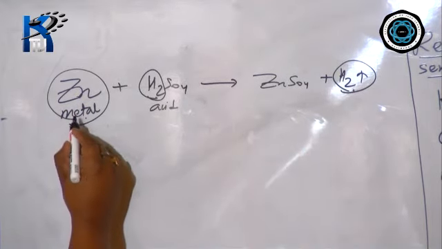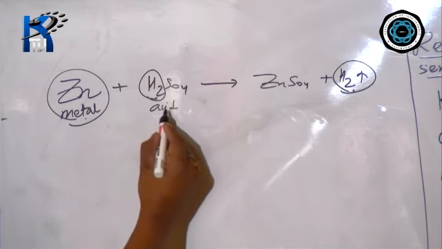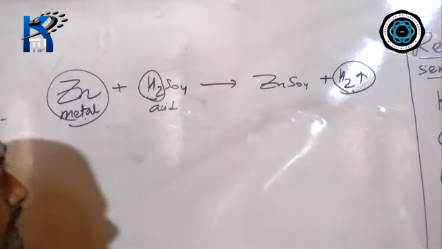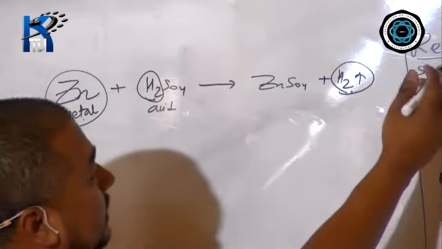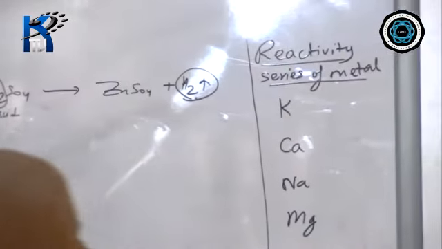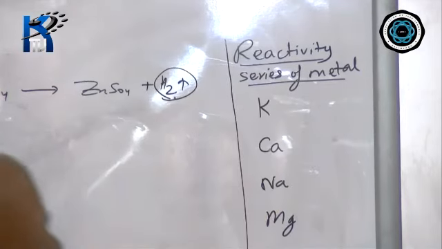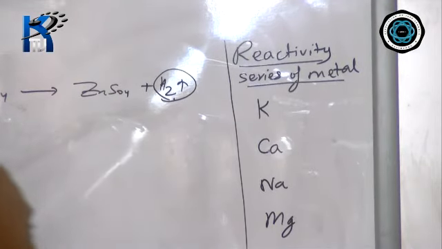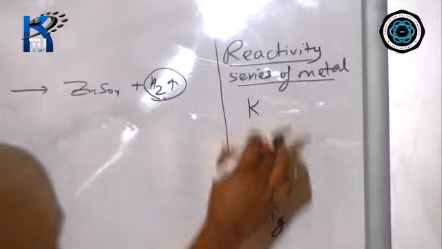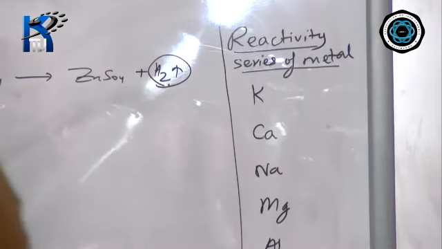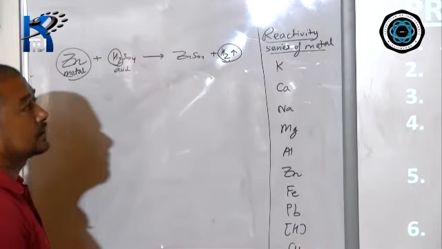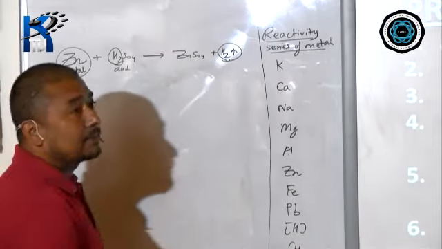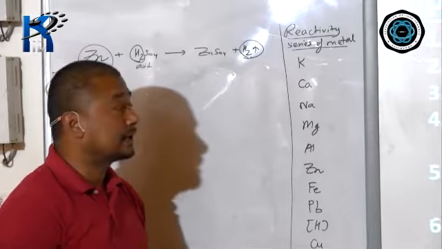But do remember, students, all metals do not react with acid to produce hydrogen gas. To know about it, first we have to see the reactivity series of metals. This series is there in class 7, even in 8, even in 9, even in 10. And if you learn this series, it is going to help you in 2 chapters. Number 1 is the acids, bases and salts chapter. Number 2 is the chapter called electrolysis in the class 10 syllabus.